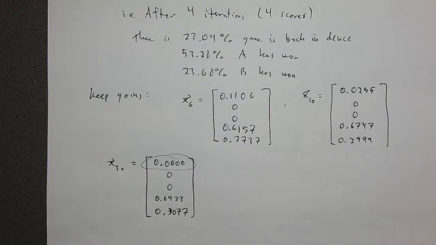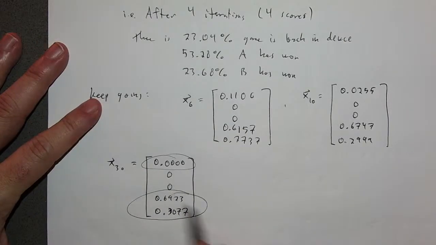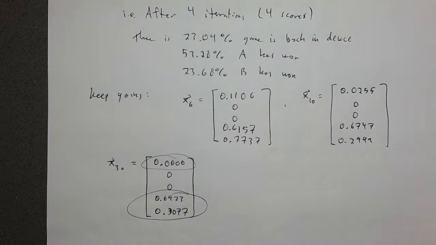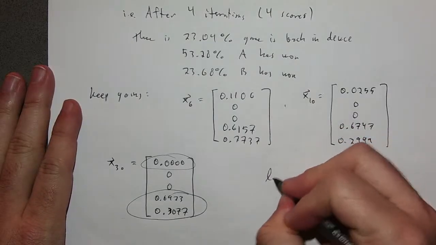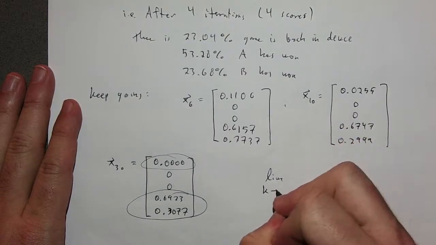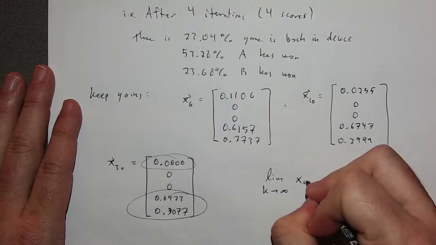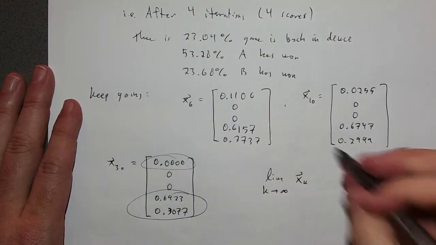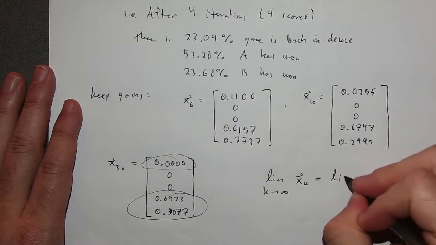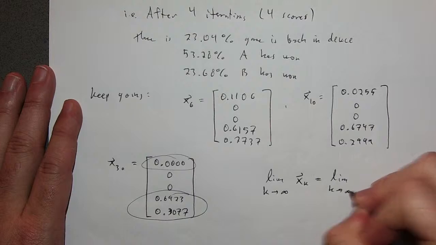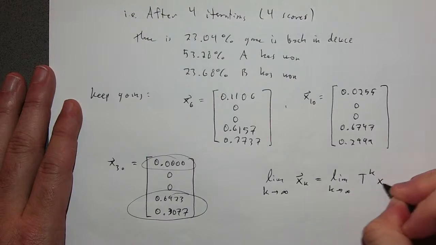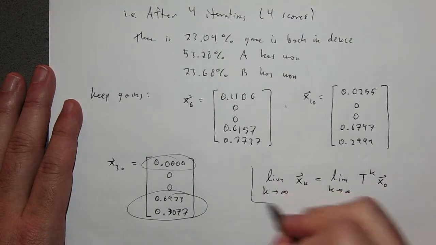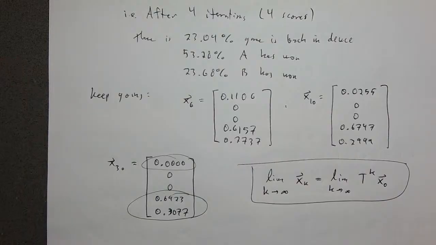Okay, so it's these two numbers really that are telling me what I want to know. And so what is it that I'm actually looking for, right? I'm seeking the thing that I was seeking before in the previous case, which is this limit. But of course, this x of k is really T to the k times my initial vector x naught, right? This is what I'm looking for.